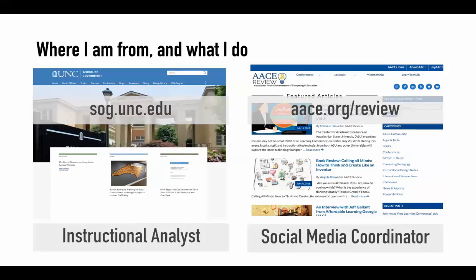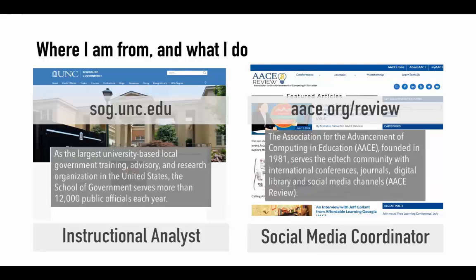Where I'm from and what I do: I work at the University of North Carolina at Chapel Hill at the School of Government. The School of Government is kind of a unique construct in North Carolina. We serve public officials throughout the state, and approximately 12,000 public officials each year walk through our gates and attend our webinars and online trainings.